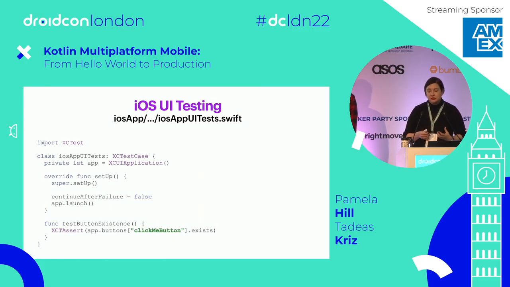Usually semantics is used for accessibility, but they've found a sneaky way around translation issues by giving an accessibility identifier to, for example, a button. On this screen that I would be testing is a button called Click Me Button. I would assign the accessibility identifier of Click Me Button to that button, and I would test that using XCTAssert that the button exists on the screen.